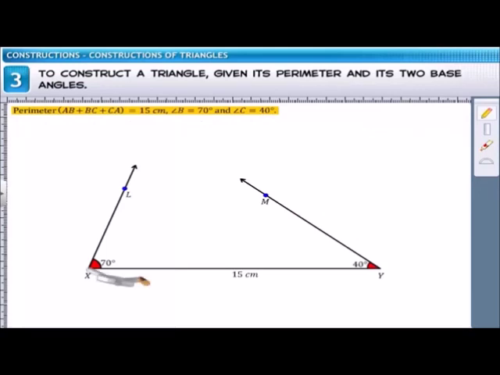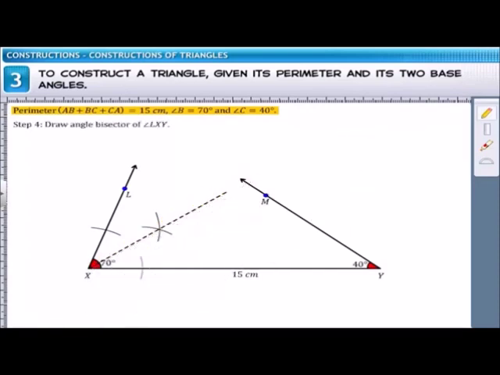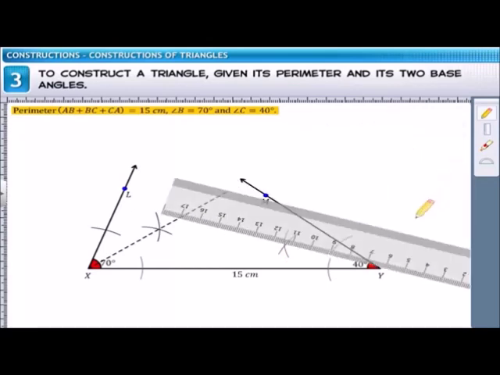Now, draw the angle bisector of angle LXY. Similarly, we'll draw the angle bisector of angle MYX at angle Y such that it meets the angle bisector of the angle LXY at point A.